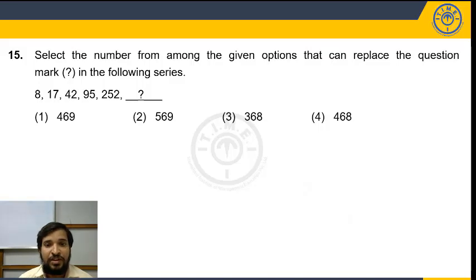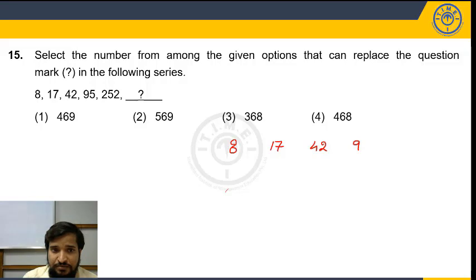Select the number from among the given options that can replace the question mark in the following series. So what are the given numbers? 8, 17, 42, 95, 252, and what's the missing number?